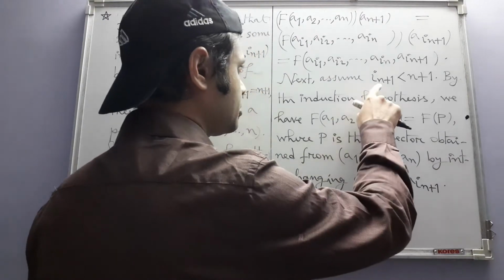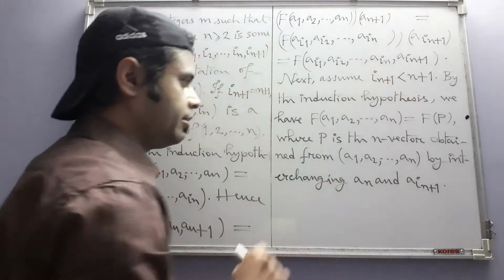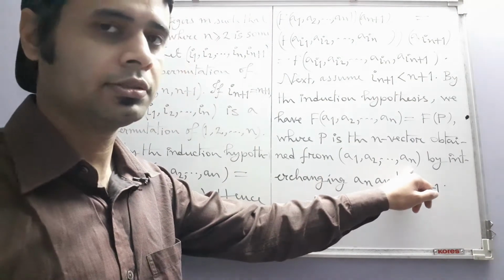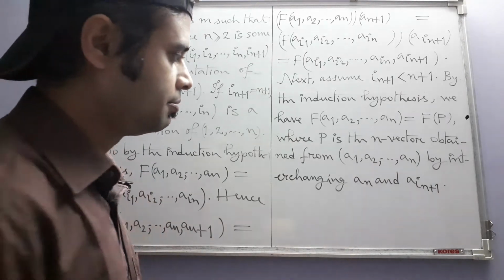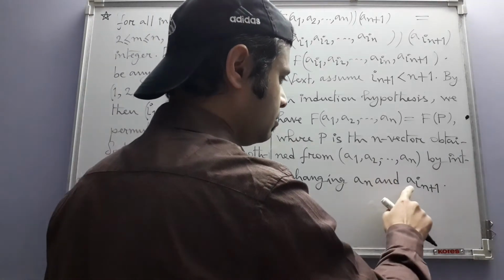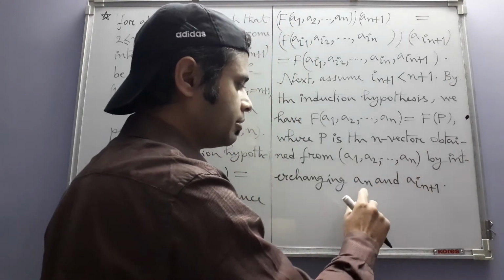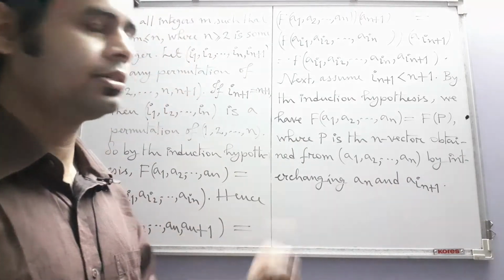Note that because of our assumption, this integer i_{n+1} appears here itself somewhere as a suffix of a. So this term is available here as a component, and a_n of course is also available here. We are interchanging these two.